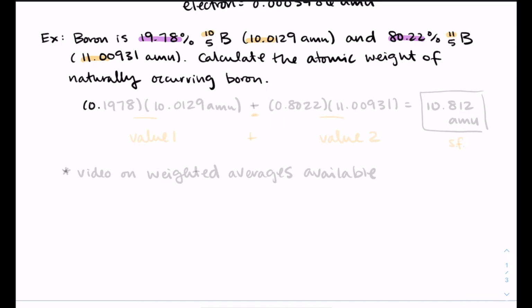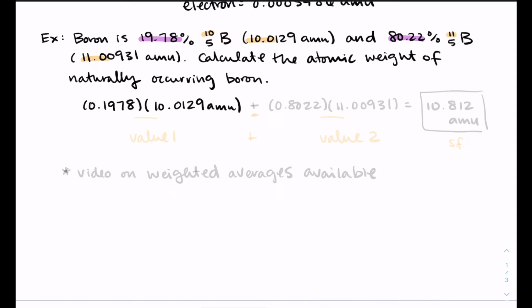So in this setup, we have 0.1978. Now I've taken my percentage and written it as a decimal here. You can do 19.78 times 10.0129, but you would then have to divide it by 100 because the percentage that this represents, the 19.78%, is really 19.78 over 100.